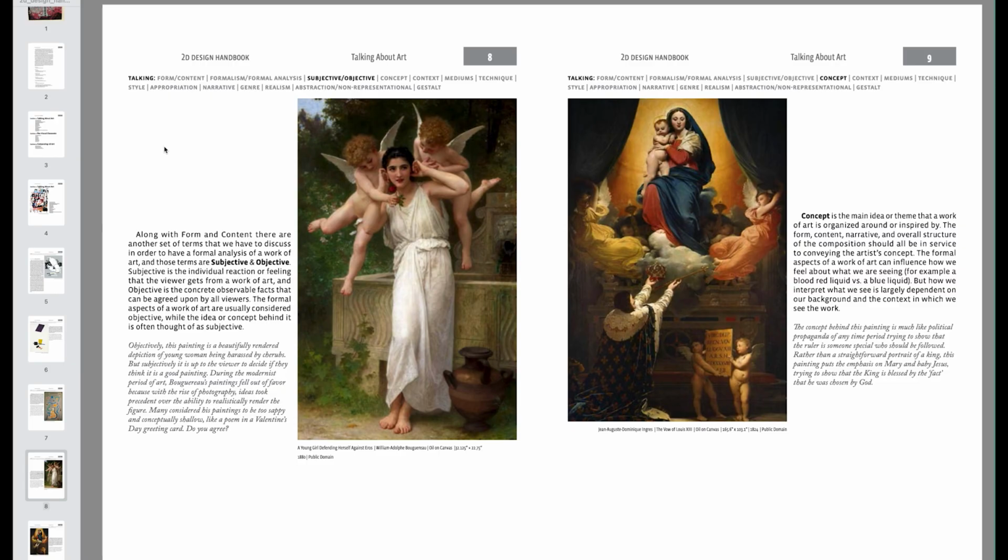Propaganda is a type of artwork that is designed to communicate something that the government or an ideology wants you to subscribe to. Rather than a straightforward portrait of a king, this painting puts the emphasis on Mary and the baby Jesus, trying to show that the king is blessed by the fact that he was chosen by God.